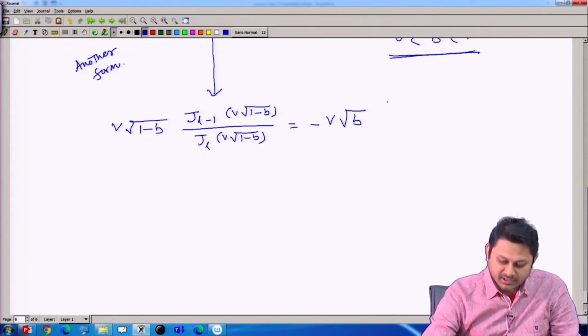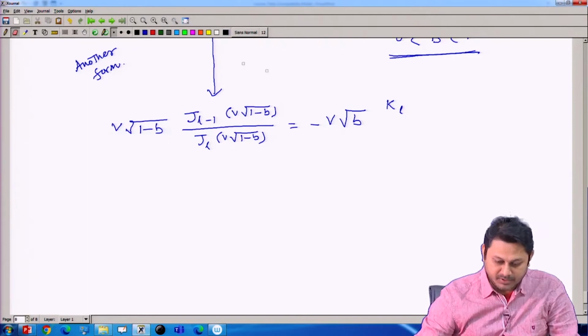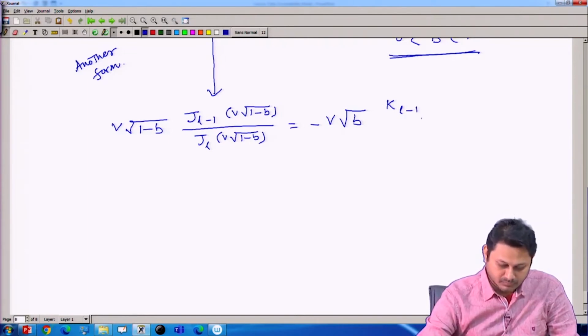Using the recursion relation, it is possible to find out that this transcendental equation can be formed in this way. One can derive this equation using the recursion relation that was given earlier.